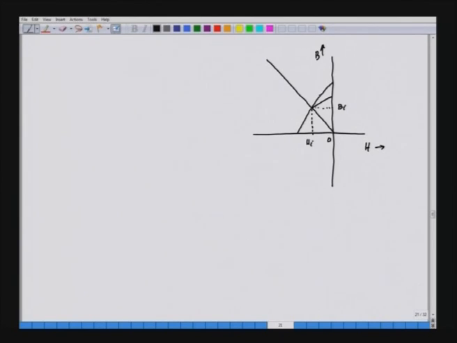The original curve is not traced because we have an air gap. This is the path in which we are travelling, and if you increase this current, it will take a different path. If you again decrease this, it will come back here, and after a few cycles this line will be stabilized, and this line is called the recoil line.